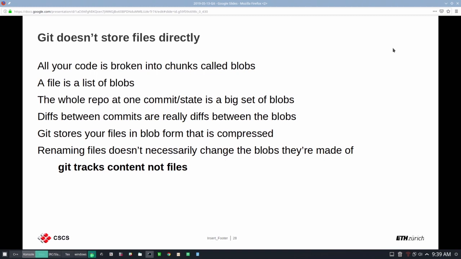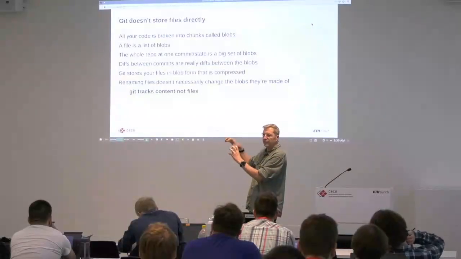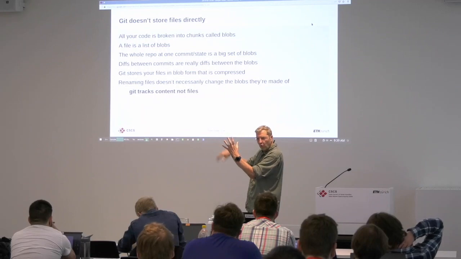Each of those chunks then gets compressed and stored as a blob. So your file is just a list of blobs, which are then decompressed. And a branch is a list of pointers to a state, where a state represents a whole bunch of blobs.